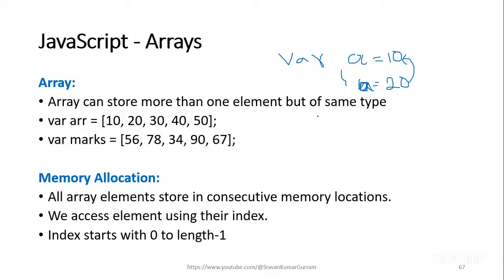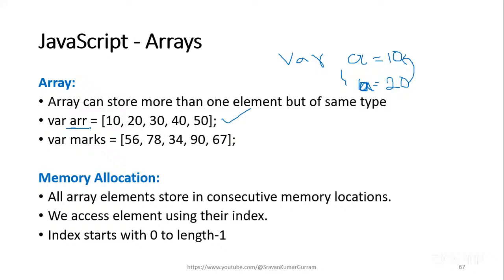Then how to create an array and what properties does an array have? While you are trying to store multiple values in arrays, those elements must belong to the same data type. For example, in this statement, the variable is the array name. You can give any name by following the identifier rules.